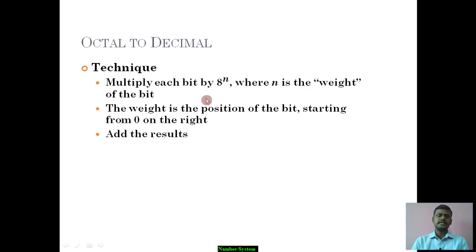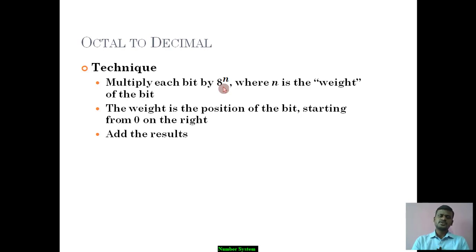As we have seen in the representation of octal numbers, we assign a power value or weight to the octal digits, where n is the weight. Here 8 raised to n has two categories, increasing powers of 8 and decreasing powers of 8.